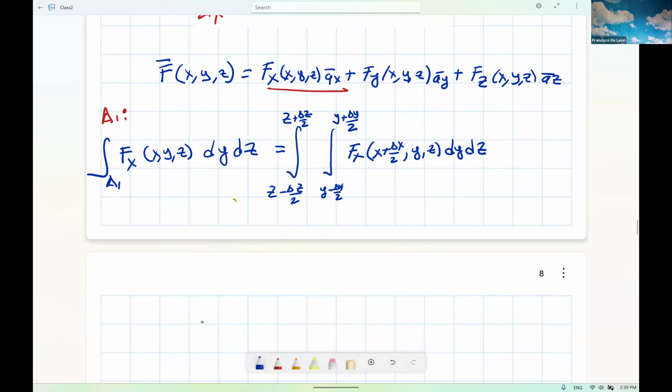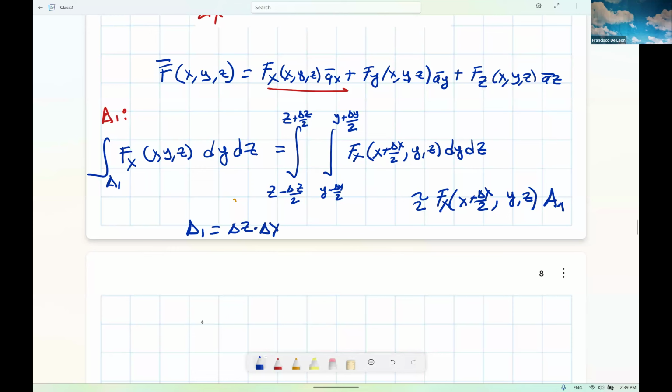I'm going to say that this integral is approximately equal to f of x at x plus delta x by 2, comma, y and z, that multiplies area 1. Of course, area 1 will be delta z times delta y, right?